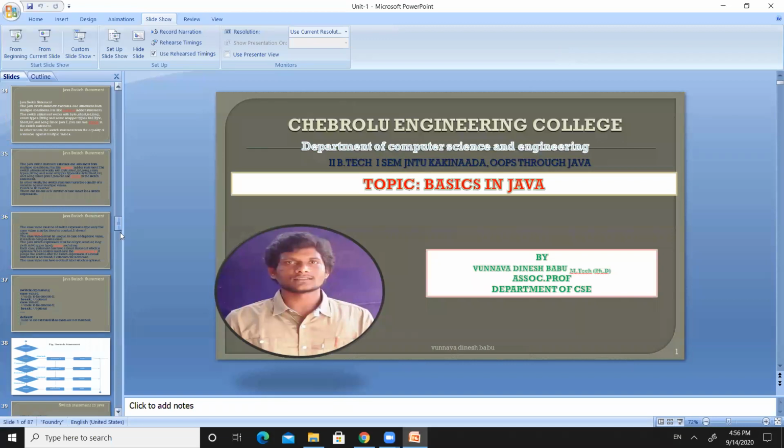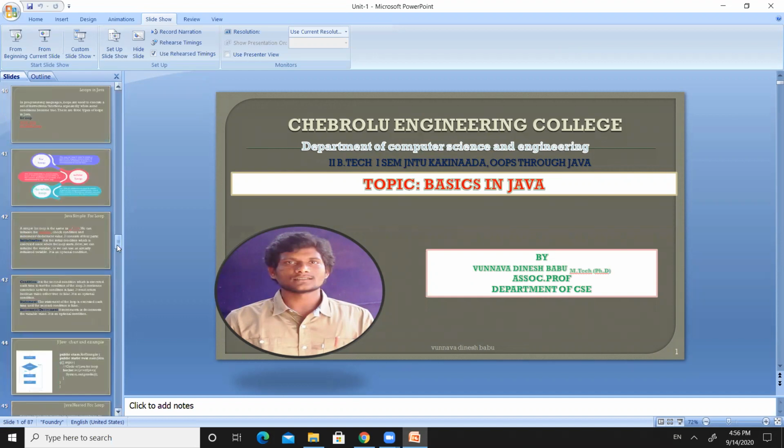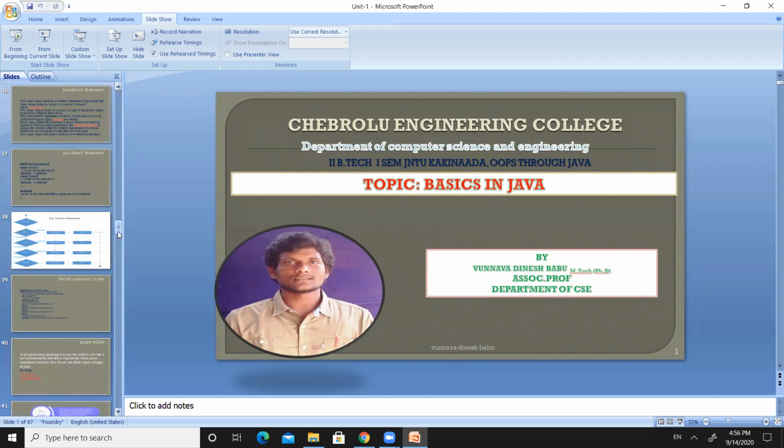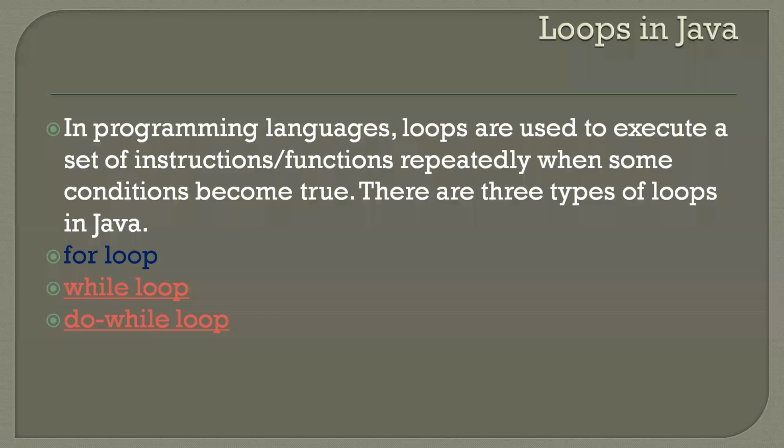As it is said earlier, iterational statements, the other name for these is looping statements, or we can also call them loops in the Java programming language. Loops are used to execute a set of instructions or functions repeatedly when some condition becomes true.